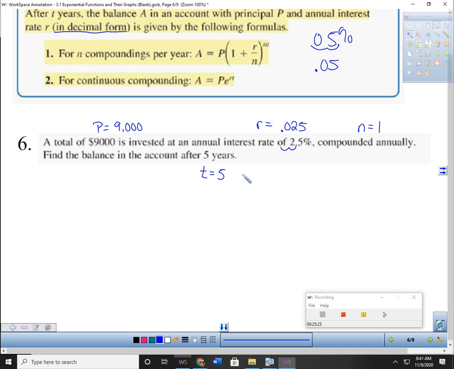All right? So since I'm compounding so many times per year, since it said annually, it didn't say continuous, then I'm going to use this formula right here. So I want to know how much money I have.